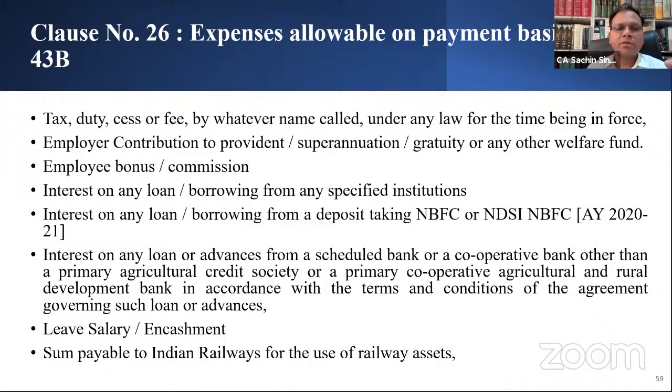So the banker converted such interest amount to the loan amount and rescheduled the payment. Then in that case, whether the interest expenditure which is debited in the profit and loss account will be allowed to you or not. Any answer on this?